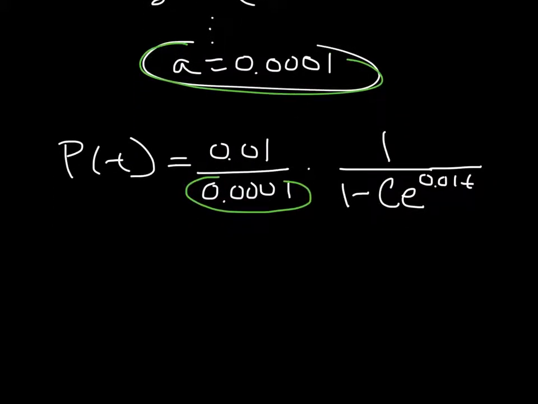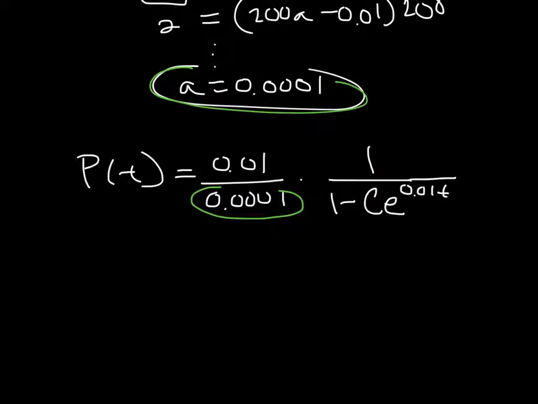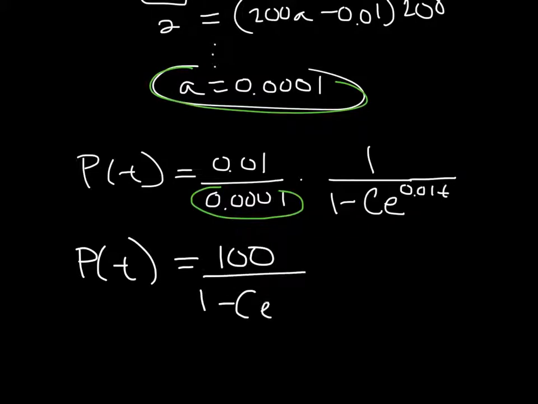Okay, so we need to find C now. So we can say we have this model. And we can actually simplify this a bit, and when we do, we actually end up with 100 over 1 minus C e to the delta t.